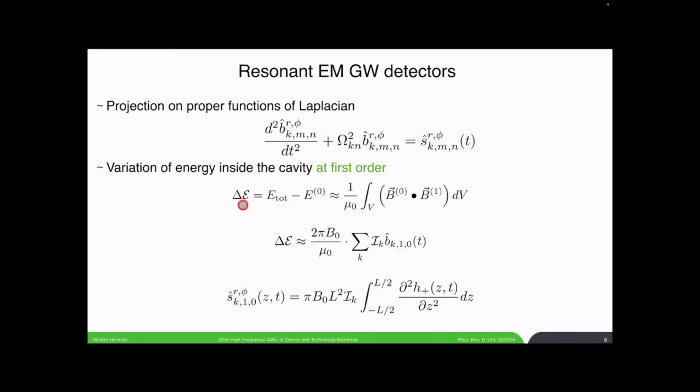After that, we compute the variation of energy inside the cavity at first order. So we have the scalar product here between the external field and the induced field.